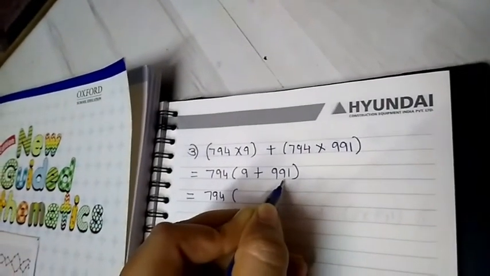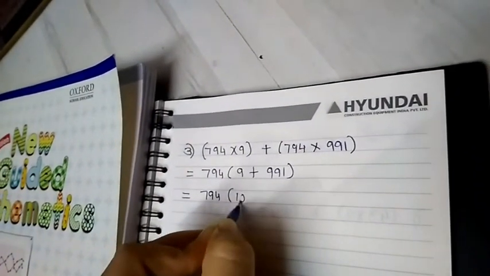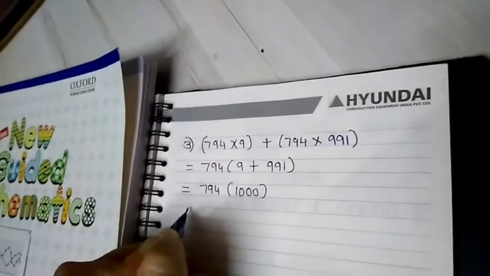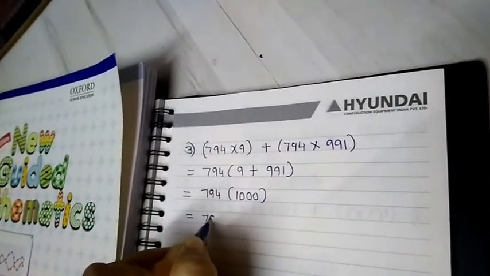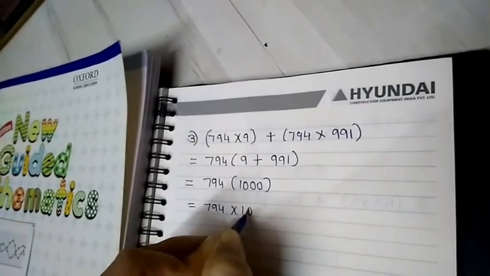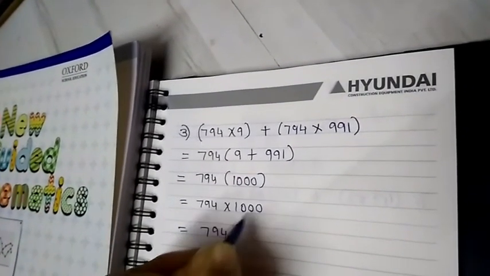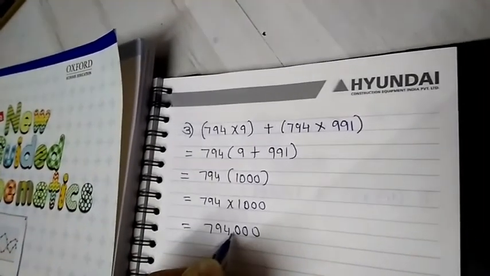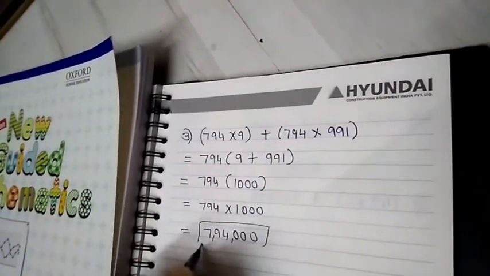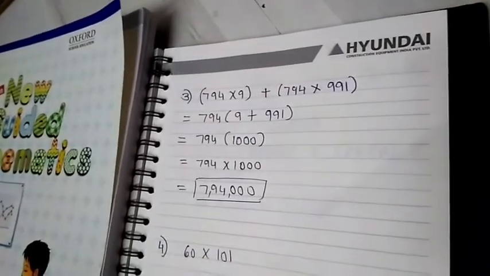Now 9 plus 991 will give you 1000. So 794 multiply by 1000 will give you 794 and these 3 zeros. So 7,94,000 will be your answer.